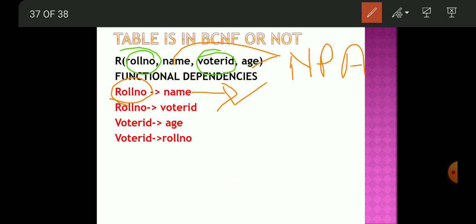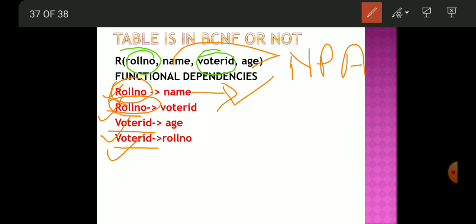So the second condition of BCNF is fulfilled by this functional dependency because the LHS is a super key. Now for the second functional dependency, again the LHS is a super key. Now the third functional dependency, voter ID. Voter ID is also a candidate key, so it is a super key also. And the fourth functional dependency, it is also a super key.